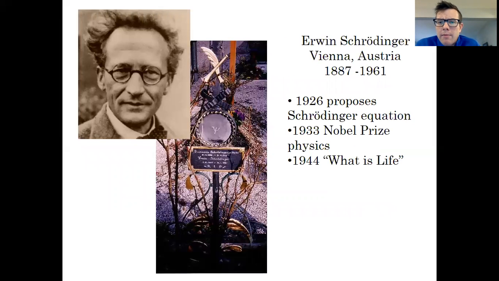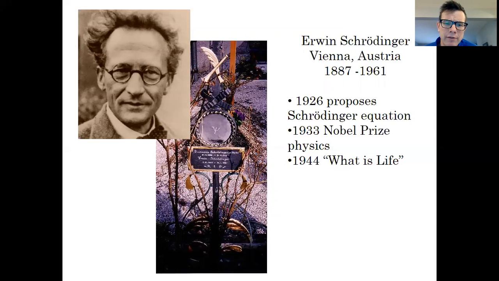Really quickly, I want to tell you briefly about Erwin Schrodinger. So this is who that equation is named after. He was an Austrian scientist, one of the founding fathers of quantum mechanics. He proposed the Schrodinger equation in 1926. Again, this is extremely important.